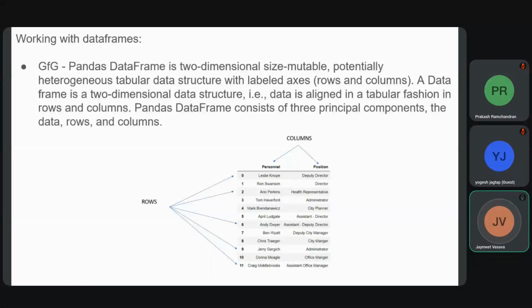And a Pandas data frame consists of three principal components: the data, rows, and columns. You can see an example of how the data will be represented in the data frame structure. So we have the columns, we have the rows, and we have the data within them represented accordingly.